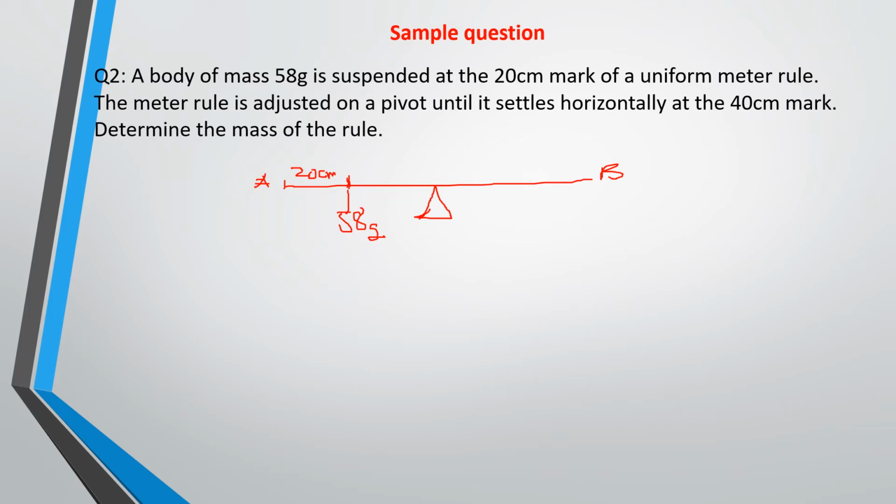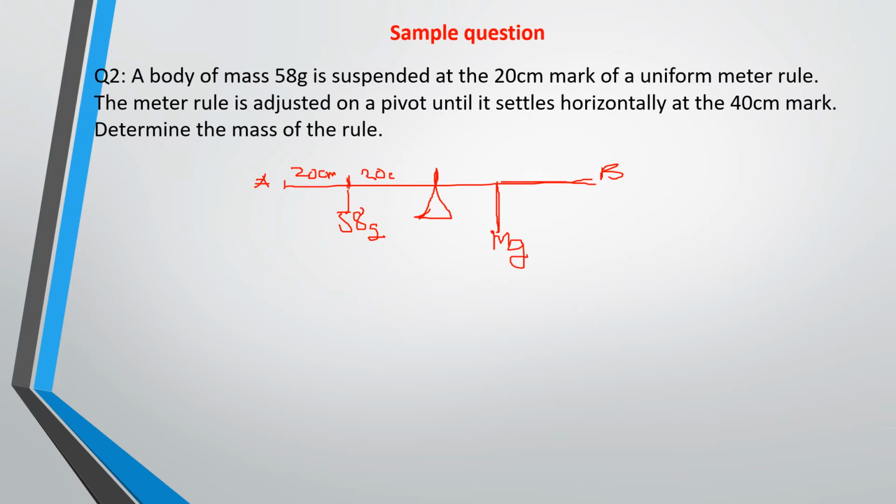So invariably, since the meter rule is uniform, the mass of the meter rule will act through the midpoint of the meter rule, which is the 50 centimeter mark, because they said the meter rule is uniform. So this meter rule now is 100 centimeters, so which means the weight will act through the midpoint of the meter rule.